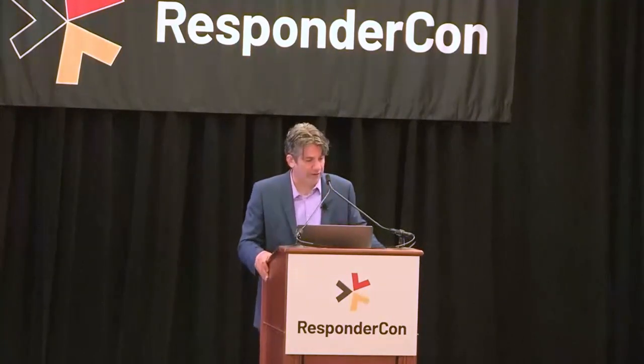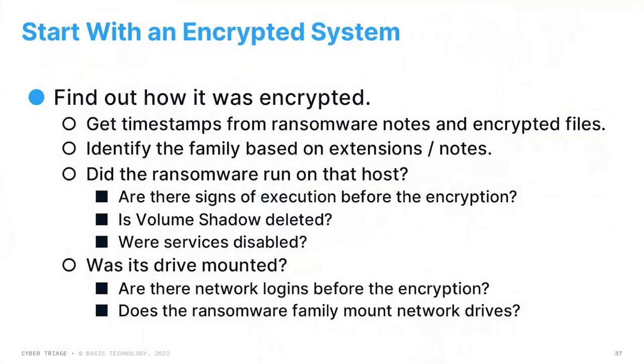So for example, we can start at the end with an encrypted system, the victim systems that have a bunch of encryption on their files. Step one could be to figure out how the actual encryption happened. You can figure out if the executable ran on that system or if it was mounted by some other system on the network. You can get timestamps from the ransom notes, the encrypted files and the extensions to get a time range on when the encryption started.